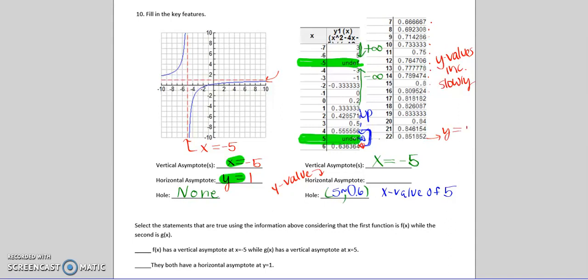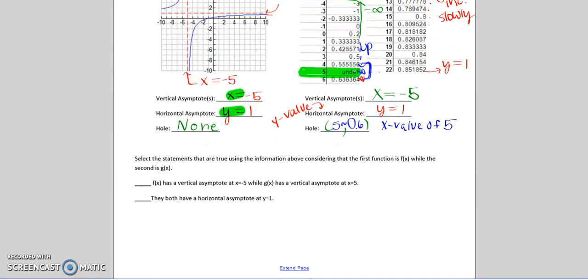Maybe they're increasing towards y equals 1. It would be helpful if we had more tables so that we could verify that, or maybe some tables in the far negative values. We could see that that side's also going towards the same value, but that's just a general picture of what the horizontal asymptote looks like on a table.